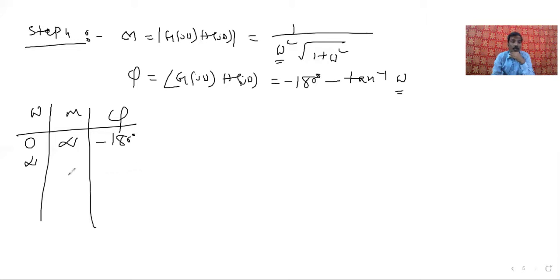And when omega equals infinity, something by infinity is 0, and phi equals minus 180 minus 90, that means minus 270 degree. So step 5, polar plot.